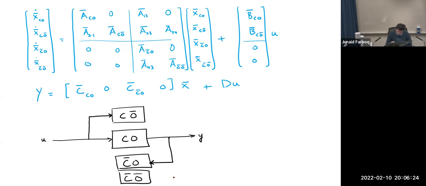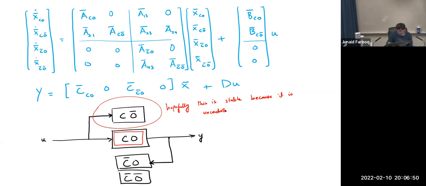So when we look at these types of decompositions, this is the piece which is the most interesting, but hopefully this is stable, right? Which is uncontrollable, so this is stable because it is uncontrollable. And hopefully this piece also is stable.